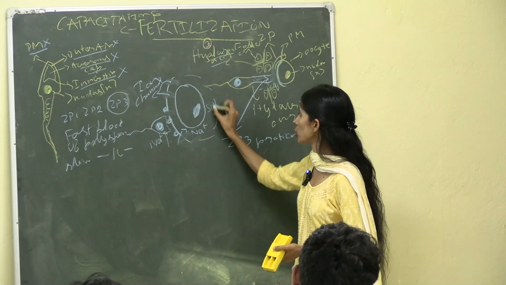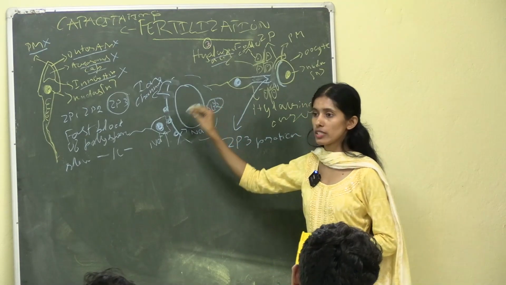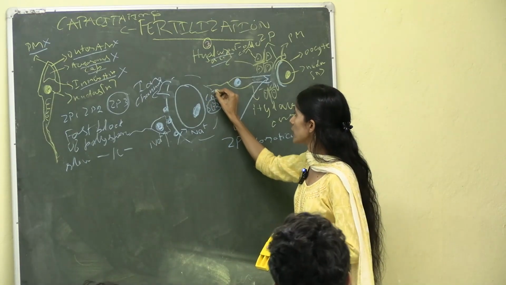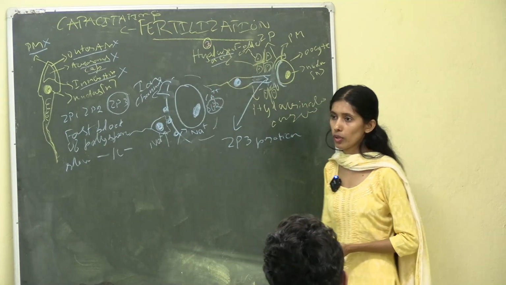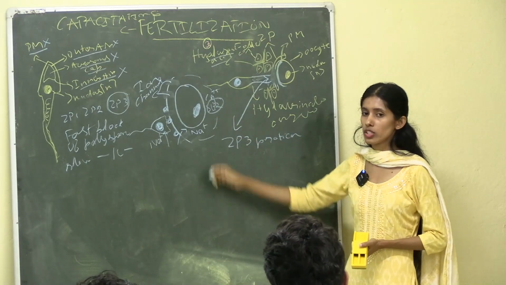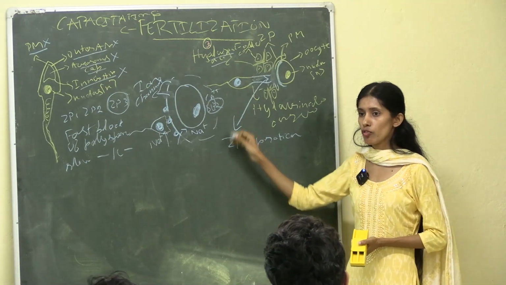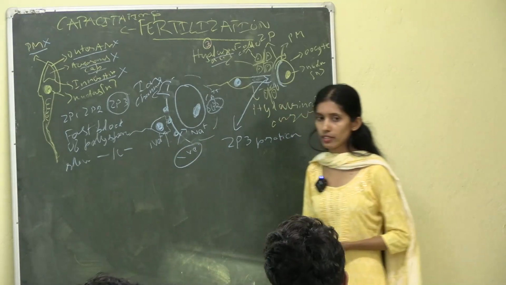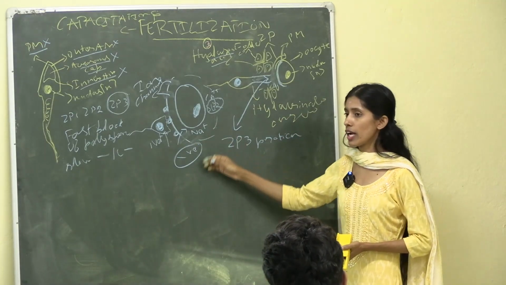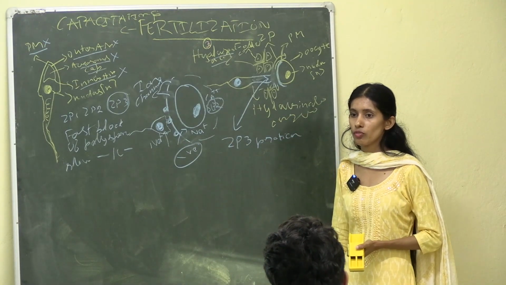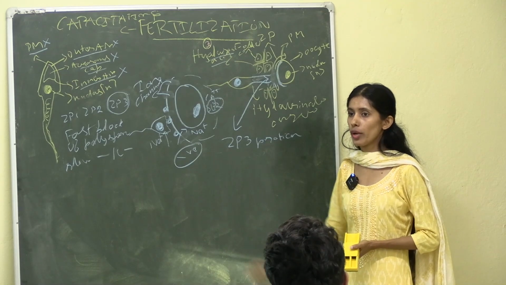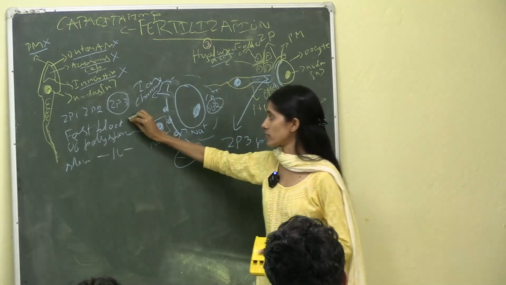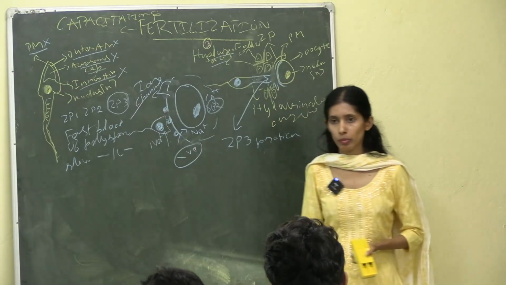The smooth endoplasmic reticulum already present inside the female gamete will also release the Ca plus ions, okay. So now there will be a positive gradient inside the female gamete and outside we have a negative gradient. So this positive and negative gradient interaction will stop other sperms from entering the ovum, okay. This condition is called the fast block of polyspermy.